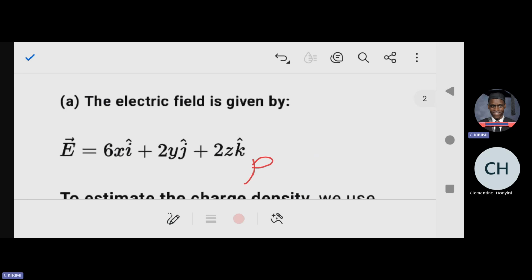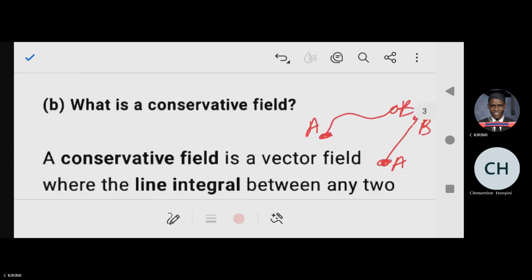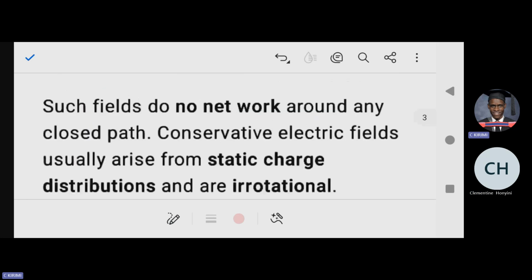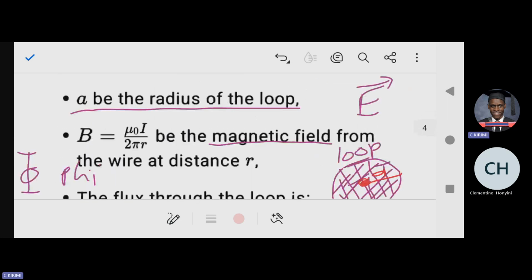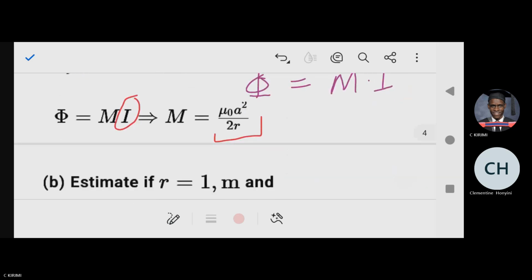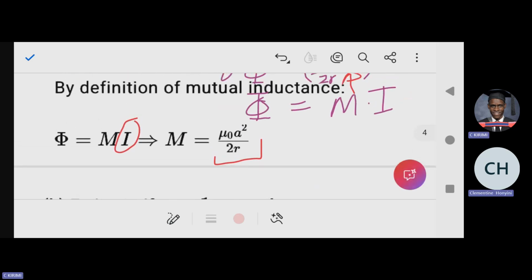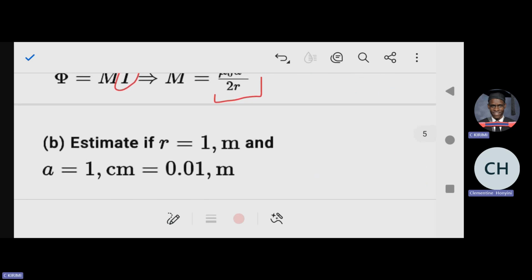We substitute the values, put them back in the above formula. That's what we are simply doing. So R is 1 and A is not just 1, but 1 centimeter. And you convert that 1 centimeter.